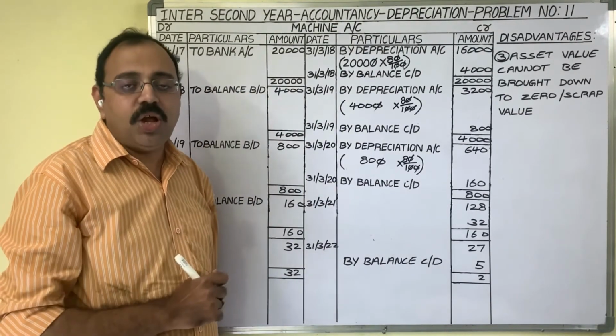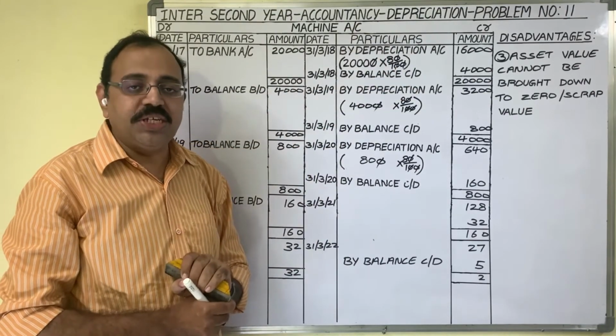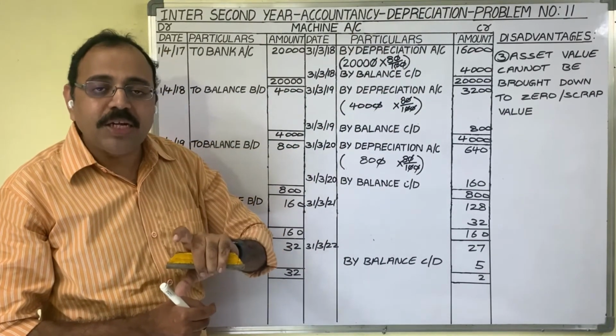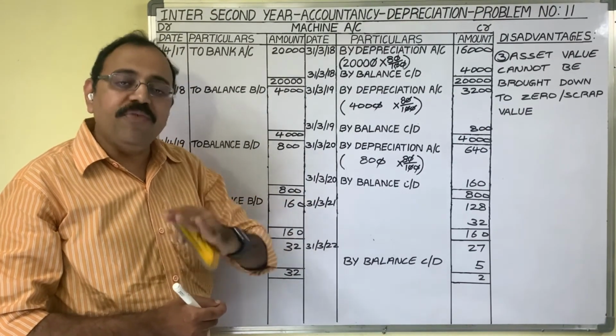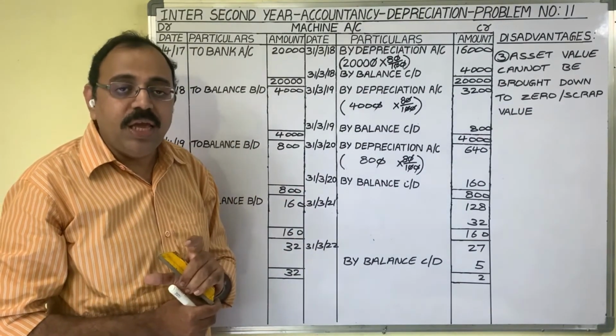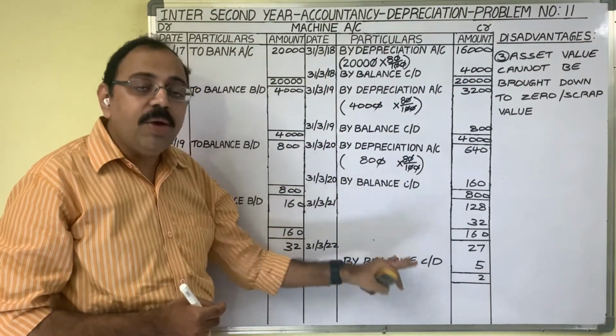Under the fixed installment method, if you select 10% as the rate of depreciation, under the diminishing balance method you may provide 20% or at least 15%. Then only, within a short period, can you close the account in a proper manner.